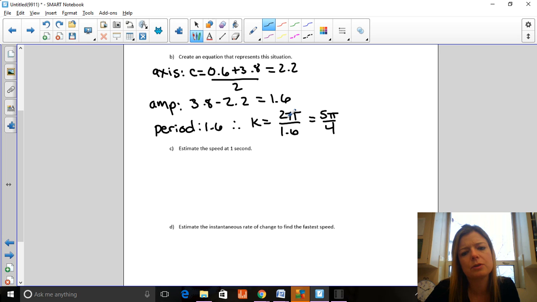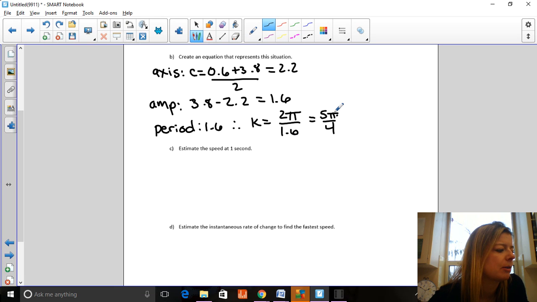So then you do 2 times 2.5 to get to 5, okay? So you need to get it into a fraction where the denominator is not a decimal. Another way of doing this is that you could multiply both by 10, because you know that multiplying the denominator by 10 will get you to 16. Well, then you would have 20 over 16, which you know simplifies to 5 over 4. So your K value, remember, it cannot have a decimal in the denominator.